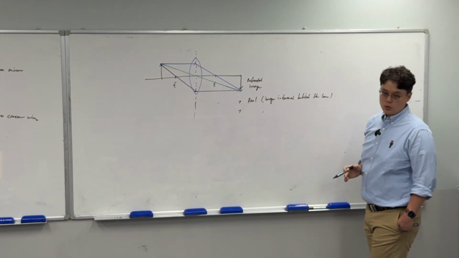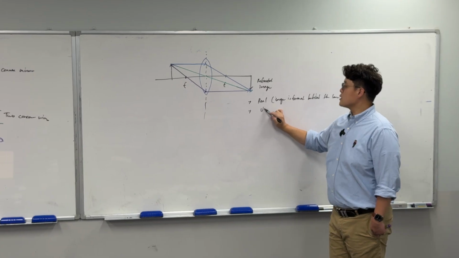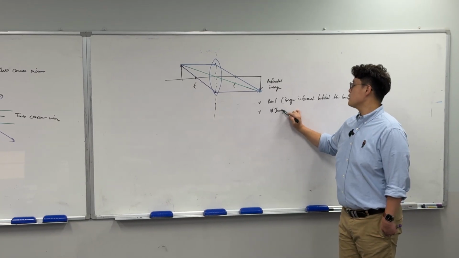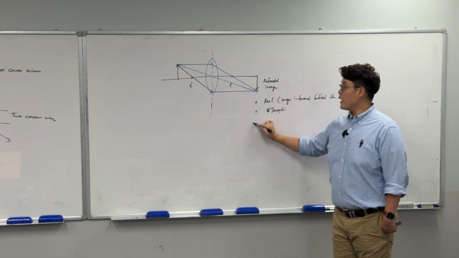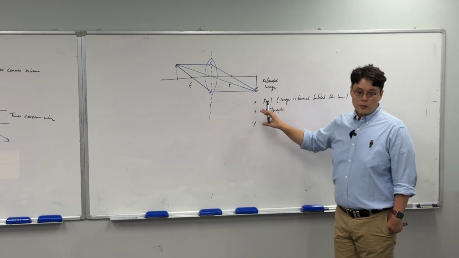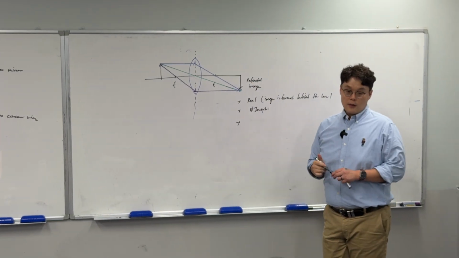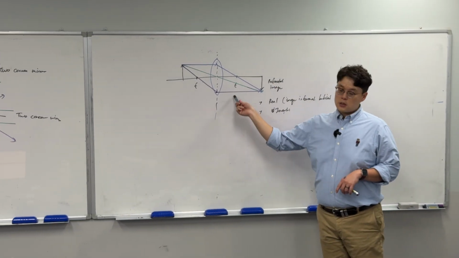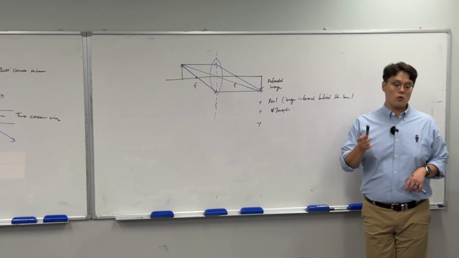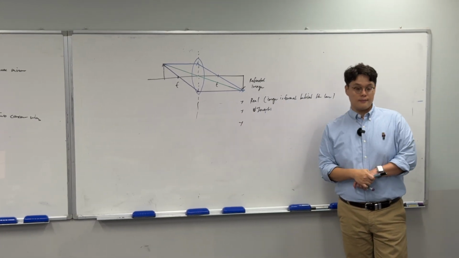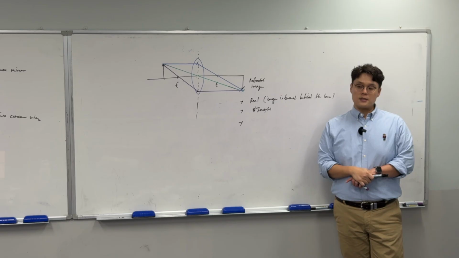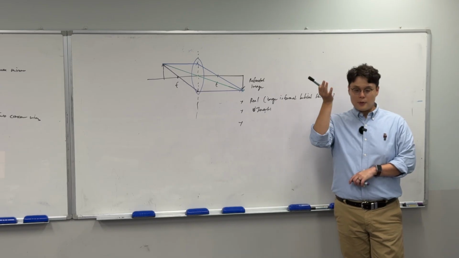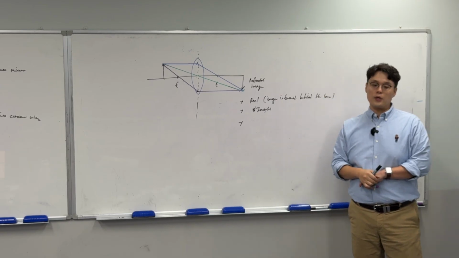It's a real image too, inverted. And I think it's about the same length, there's no change in length. And basically, guys, this is the lens that you have in your eyes. Not my specs, inside of your eyes, behind the cornea.